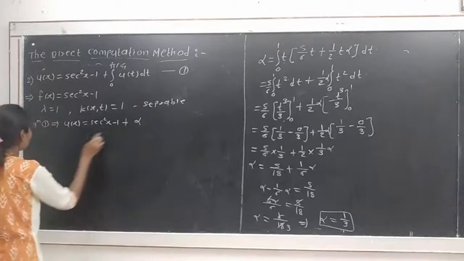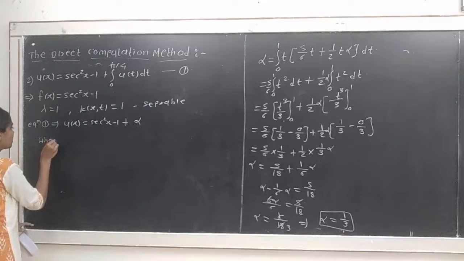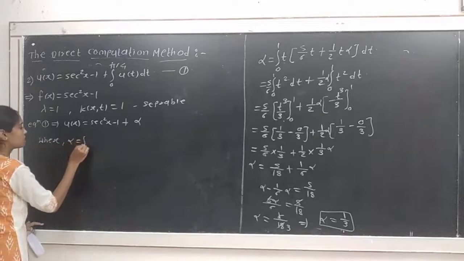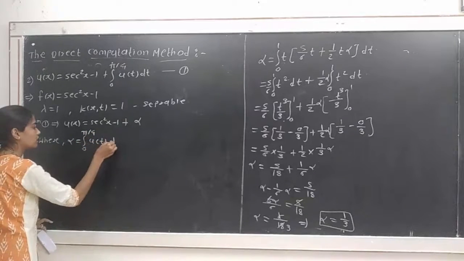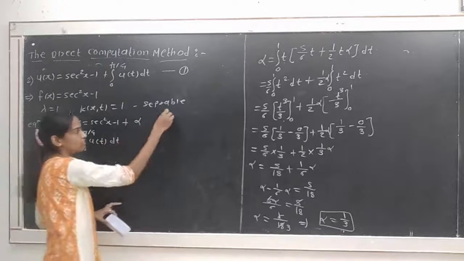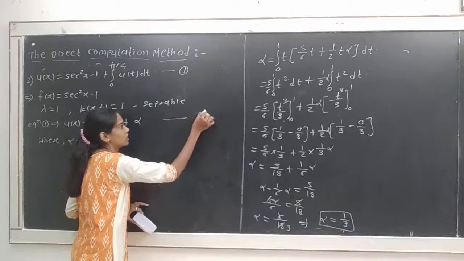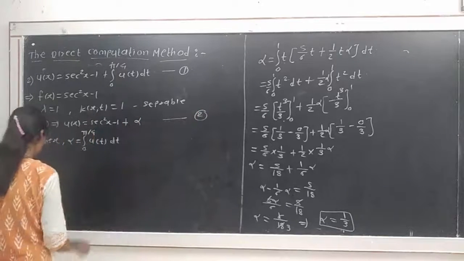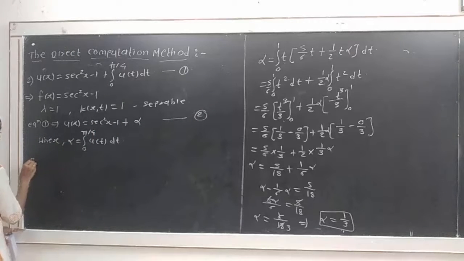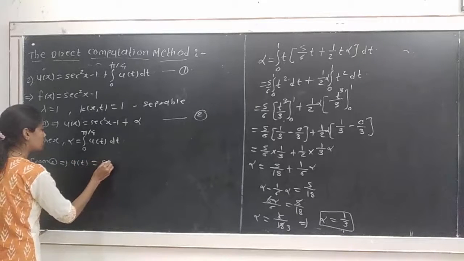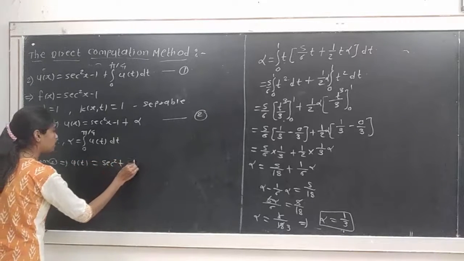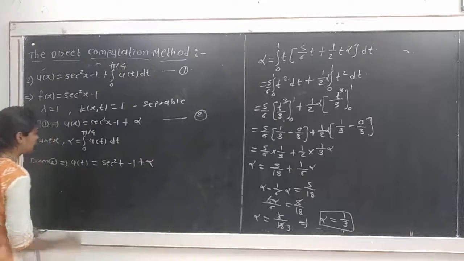So where here alpha is equal to, consider integration from 0 to pi by 4 u of t dt, because here kernel will be the constant 1. Take it as equation number 2. So from equation 2 we have to get u of t will be equal to sec square t minus 1 plus alpha.